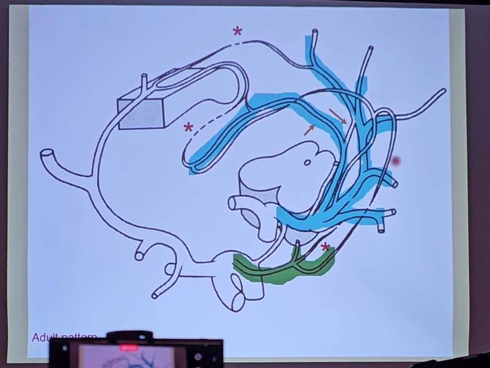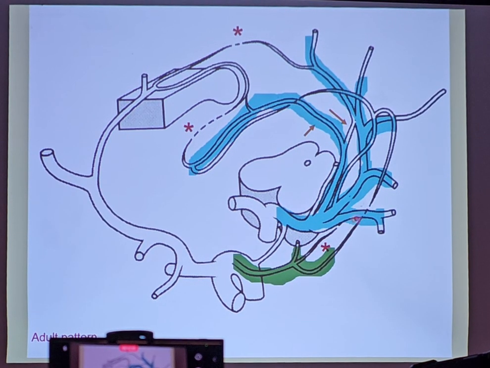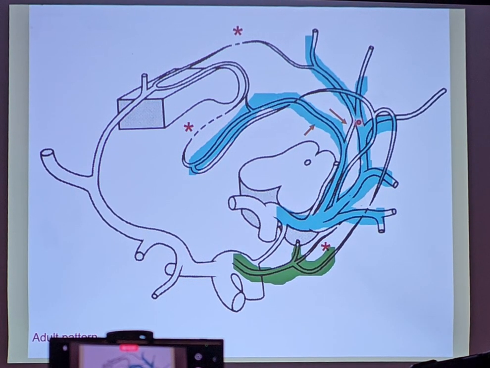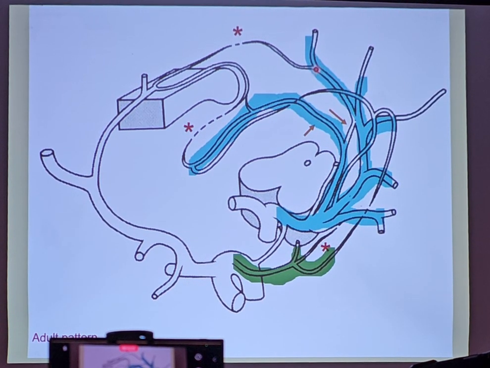But distally it's regressing, and its territory towards the brain is taken over completely by these anastomotic channels that go to the telencephalic branches of what originally was the anterochoroidal system, but now becomes part of the posterior cerebral arterial system. So there is an evolution shifting the territory from the anterochoroidal towards the posterior cerebral artery.